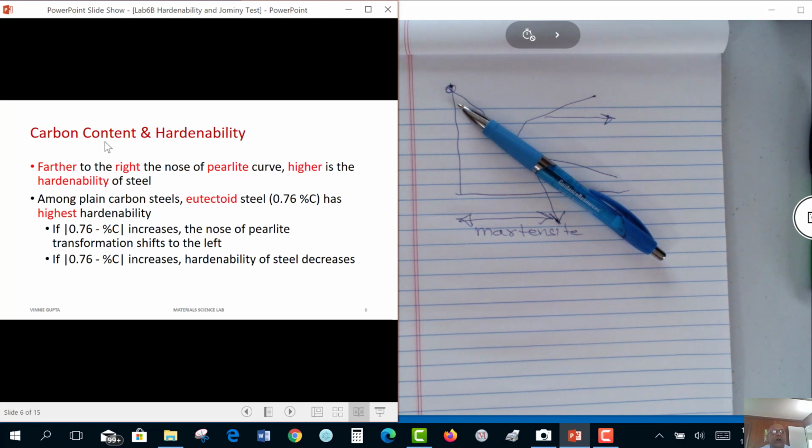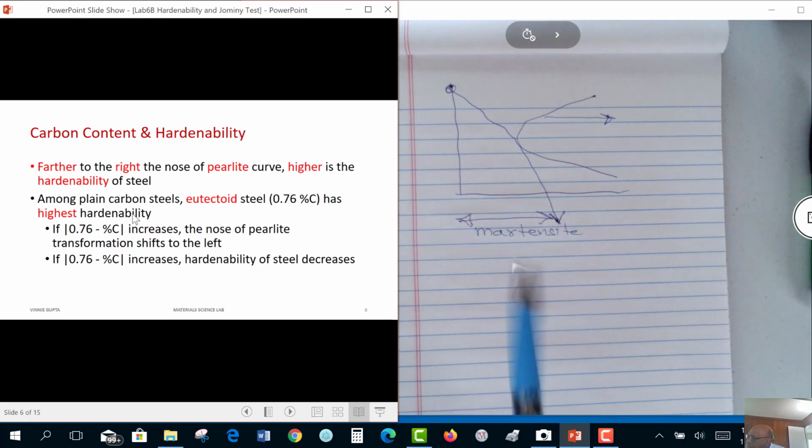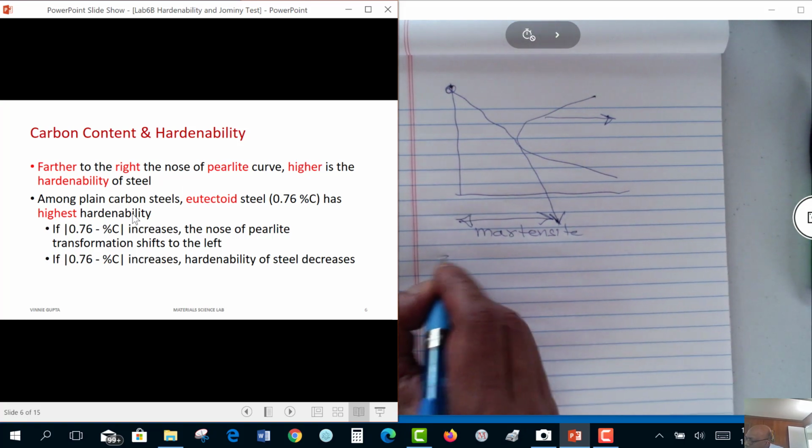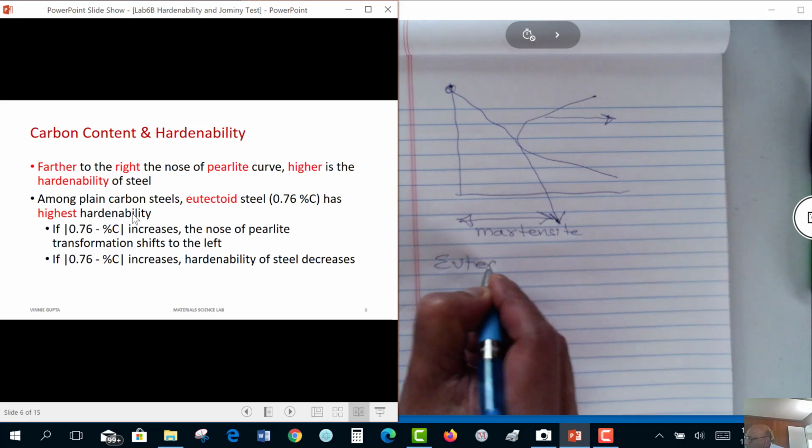So of course, carbon content has an effect on hardenability. It turns out that eutectoid steel has the highest hardenability. Eutectoid steel means 0.76% carbon.